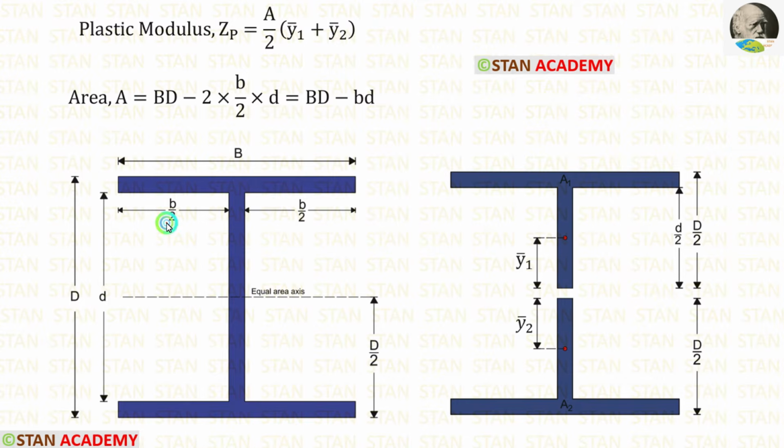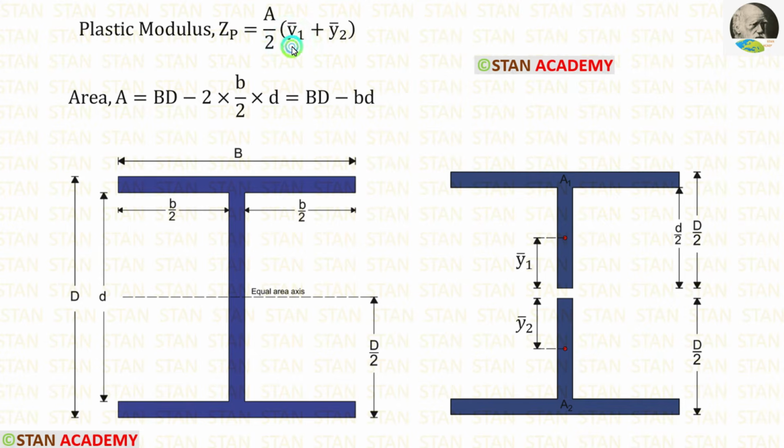The area for one rectangle is b by 2 into d. But we are having two empty rectangles, so 2 into b by 2 into d. But this is for the empty area, so we have to subtract it from the total area. We can eliminate 2.